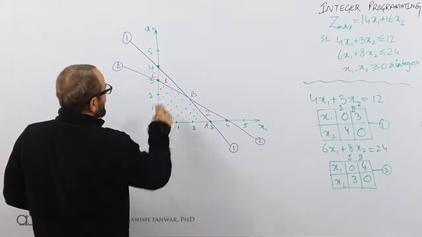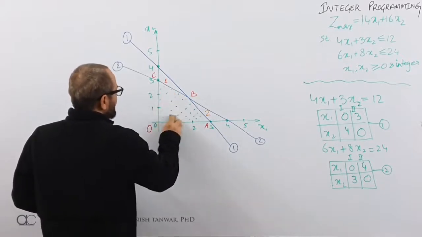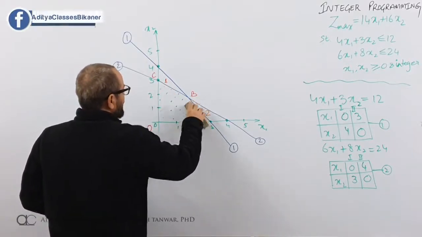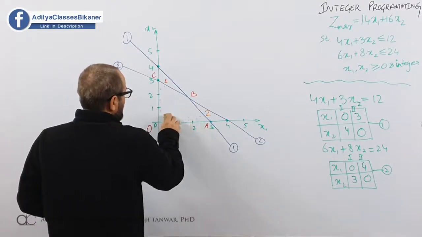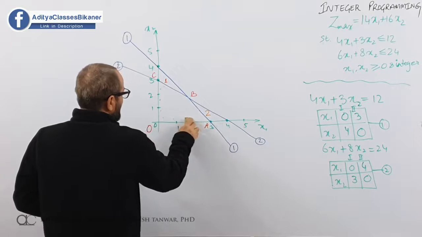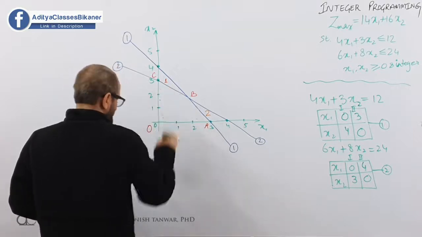Right? Now let us remove this and explore it further. This is my feasible area. Okay, I am accepting this as my feasible area.